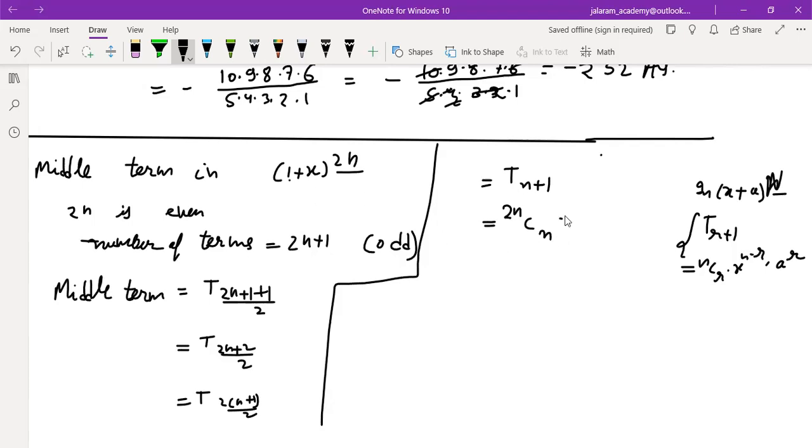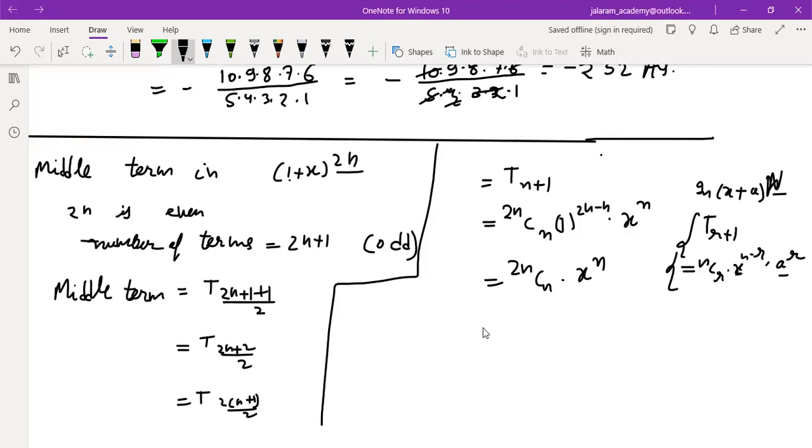In place of a, it is x, and in place of x, it is 1. So 1 to the power 2n minus n into a to the power r. Now the value of a is x, so x to the power r, and the value of r is n. So it is 2nCn into x to the power n. Is that clear to you? Okay, in books this is the answer given, 2nCn into x to the power n.